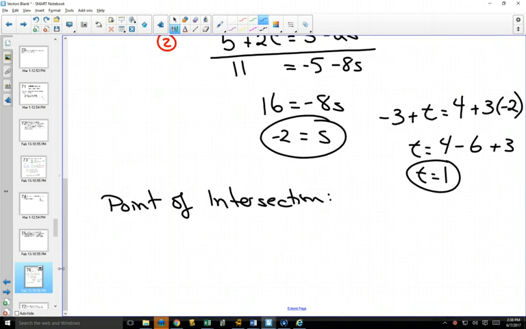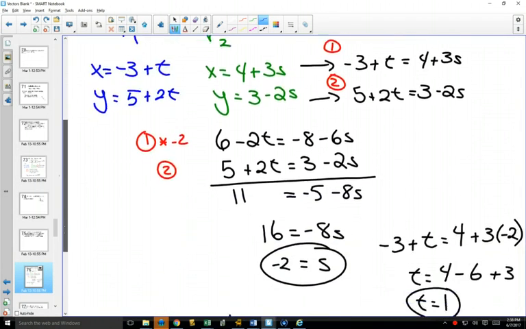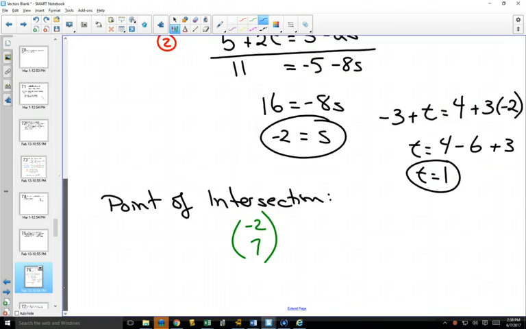And so my point of intersection is negative 2, 7. Had I done the same thing with S as negative 2, so I put in a negative 2 for S, 4 minus 6 would give me negative 2, 3 plus 4 would give me 7. So negative 2, 7 is the point of intersection.